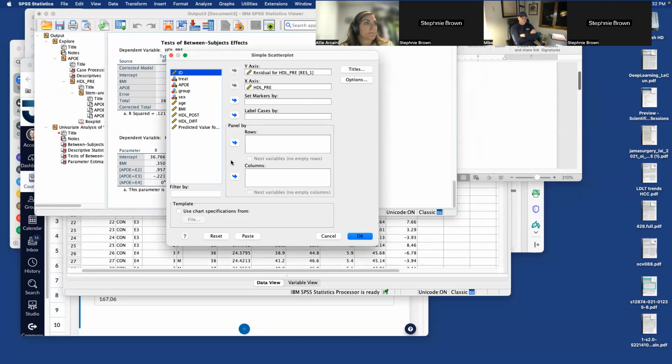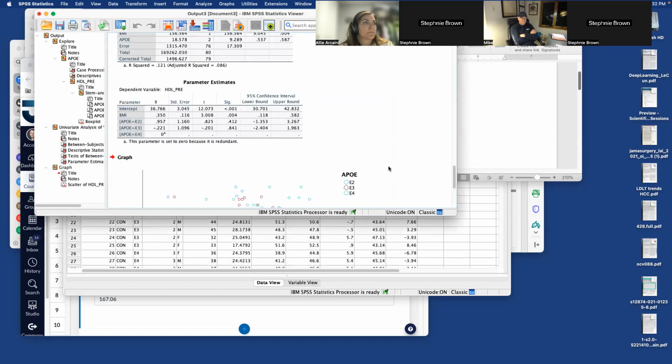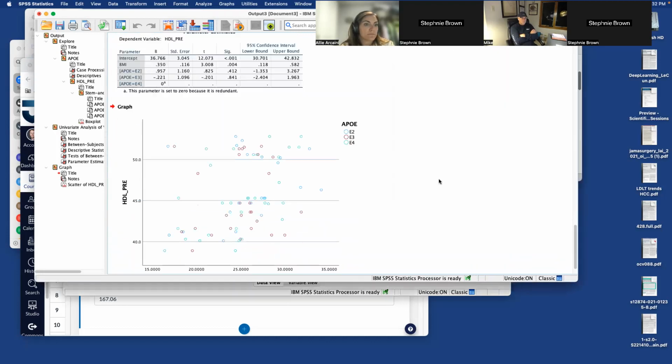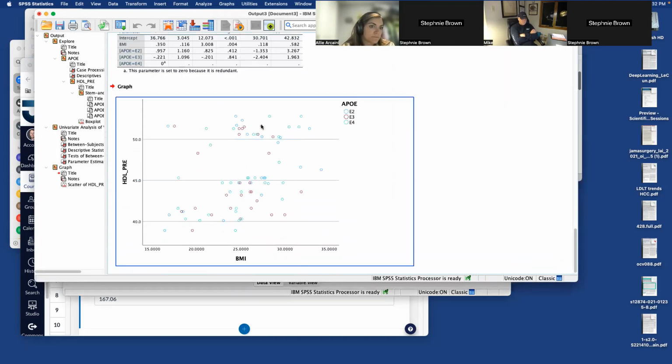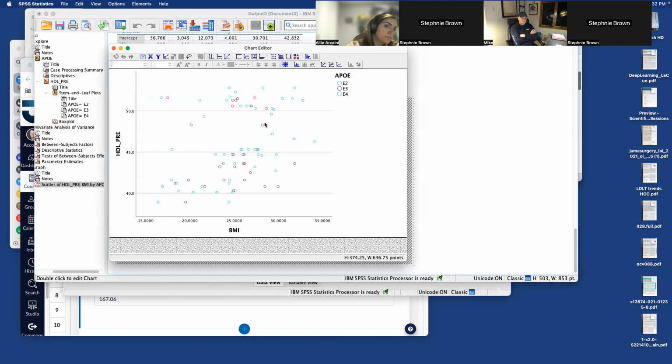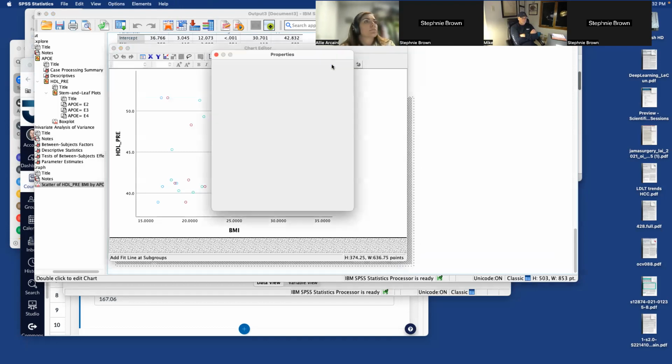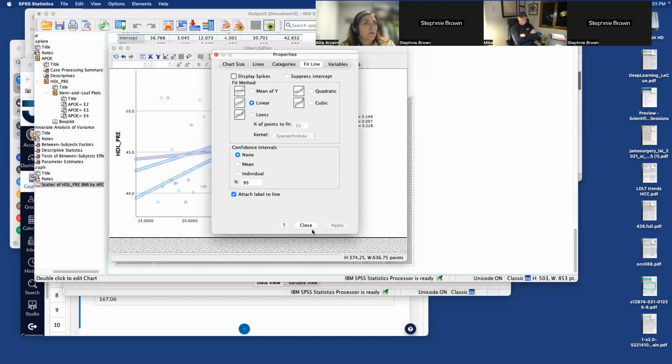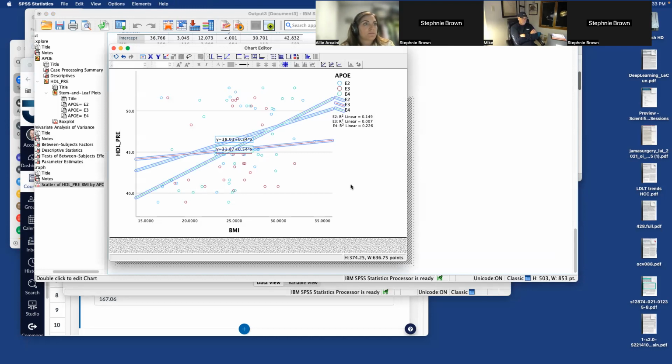So we're going to reset this. BMI, HDL. Again, if we add our lines for the different groups. Oh, they do cross.